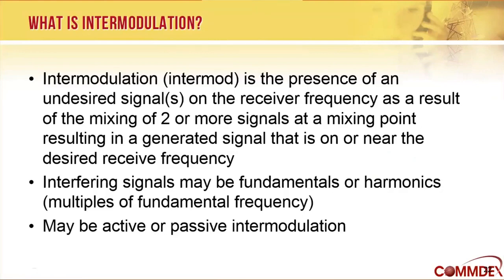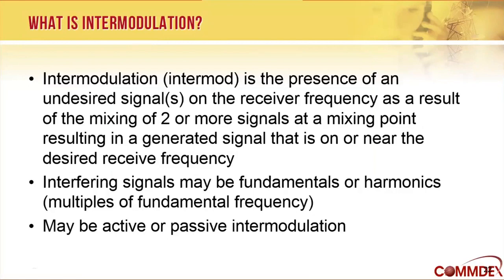These interfering signals might be fundamentals or harmonics. So when two or more signals mix together, not only do the original signals come out, but we get harmonics and we get sums and differences. Sum is the mathematical sum of the two frequencies, and difference is the mathematical difference between two frequencies.